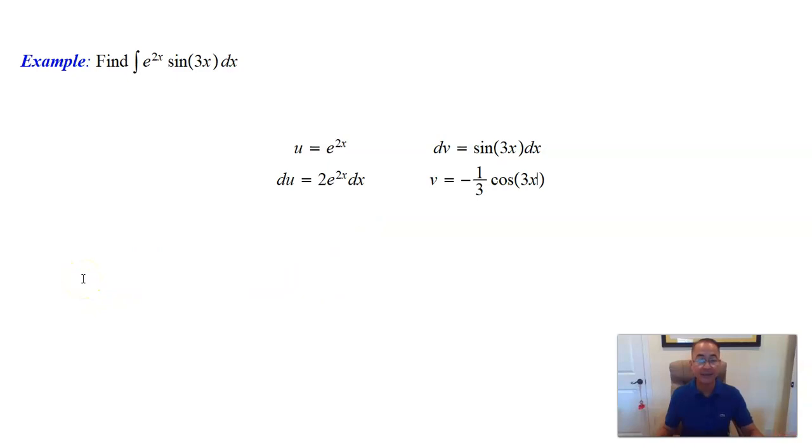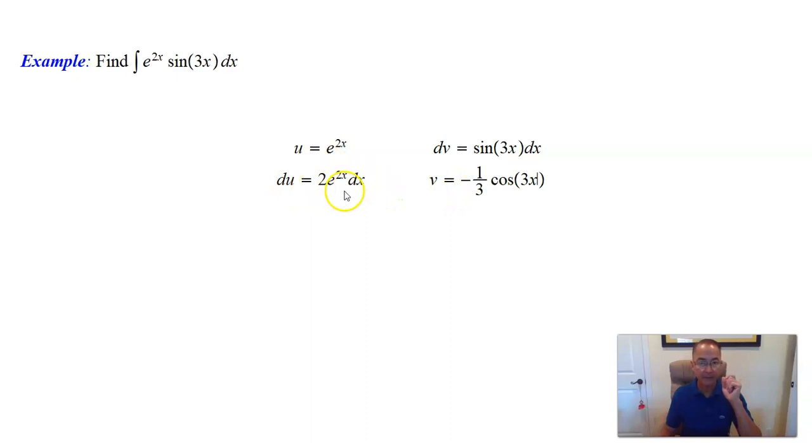Instead, let's mentally do the differentiation to check that if this is our v, this should be the dv. So what is dv? Derivative of cosine is negative sine. So you got it. Negatives cancel. Negative sine of 3x. Chain rule, 3 goes out, cancels with the 1/3. So that is the correct differential.